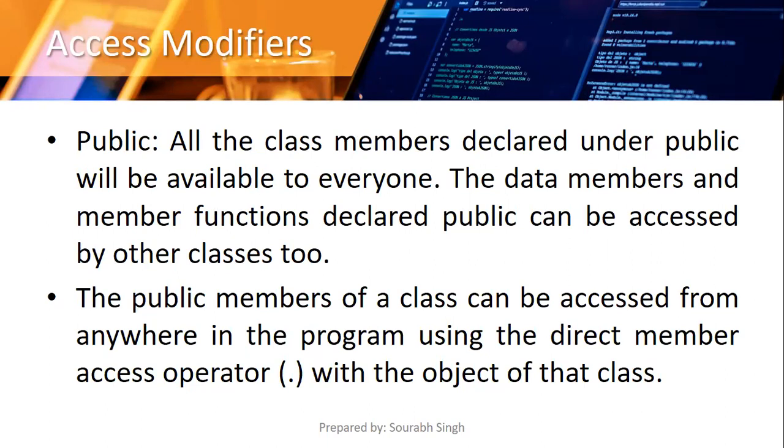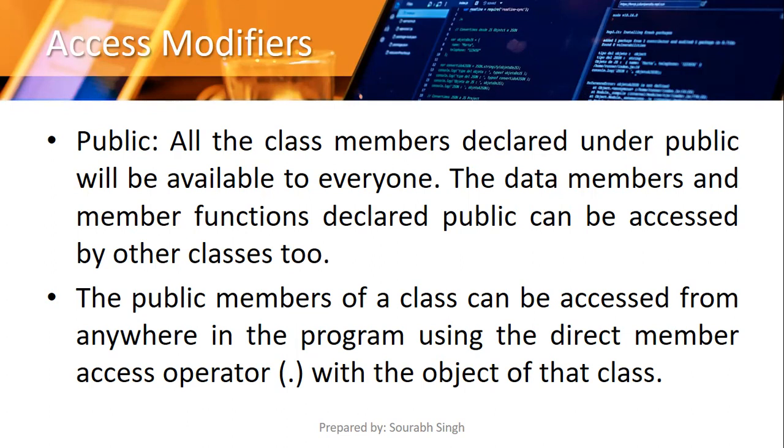So first of all we will be learning about public members. If we denote the class members as public, all the class members declared under public will be available to everyone. The data members and member functions declared public can be accessed by other classes too.